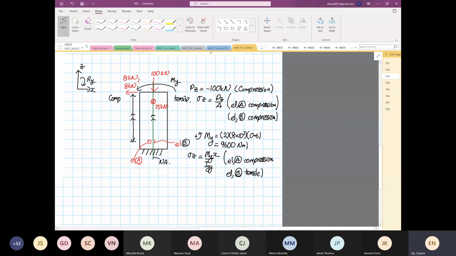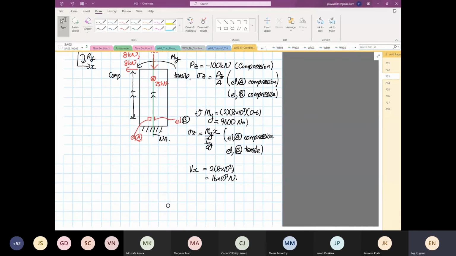And then from here, we also know that there's a Vx. The shear force is twice 8 times 10 to the power 3, so this is equal to 16 times 10 to the power 3 Newton. For this case, the formula is shear stress.